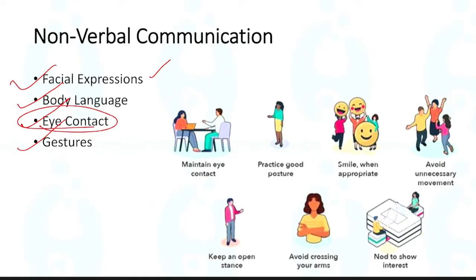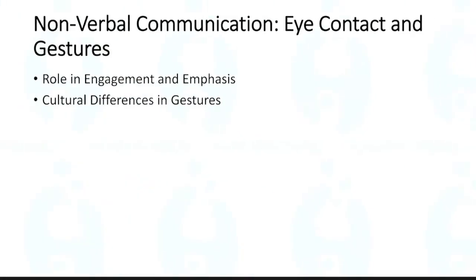Next is gestures. Gestures can be used to emphasize some points, and to express certain emotions, and you have to remember that gestures can mean different things in different settings, right? Like cultural differences in gestures, like head nodding, head bobbing.